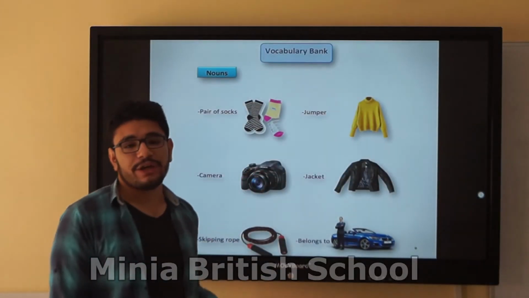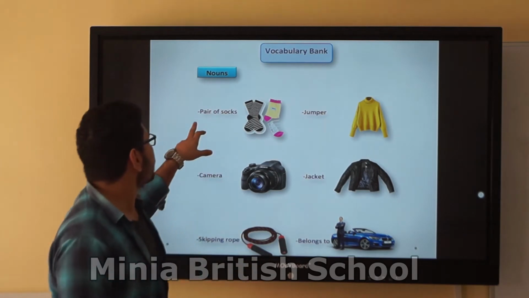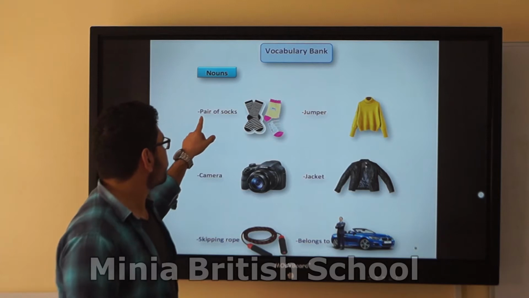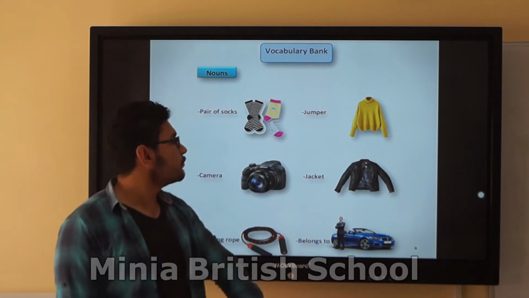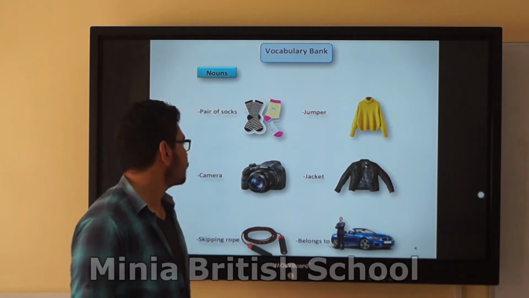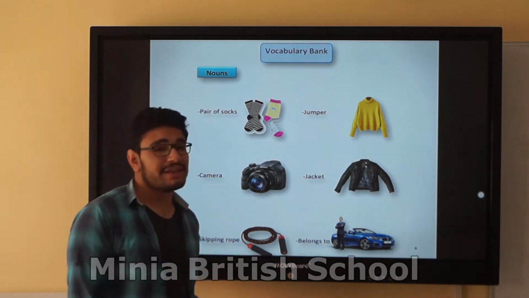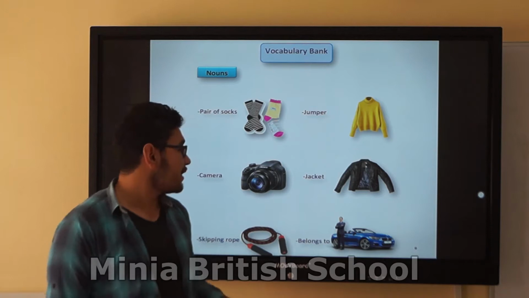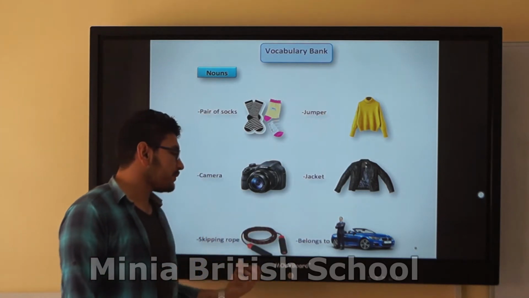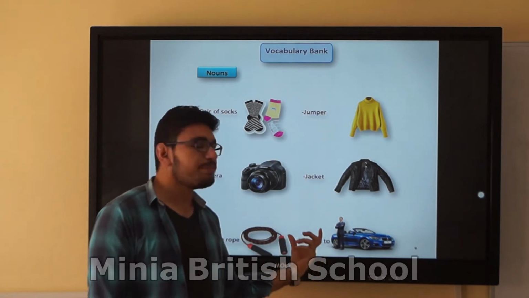Here we've got some vocabulary we need to learn, like pair of socks. Pair, we need two socks. A pair of socks, not only one. Jumper, we wear it in winter. It's a camera, like the one which filmed me. Jacket, skipping rope, and this word, belongs to.